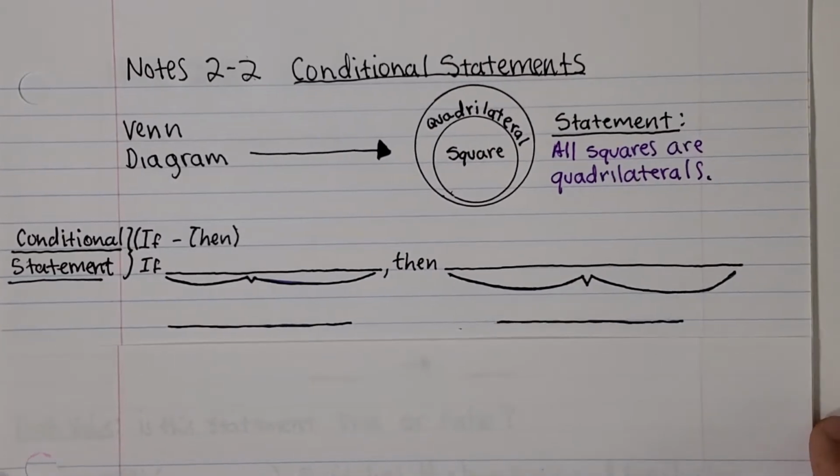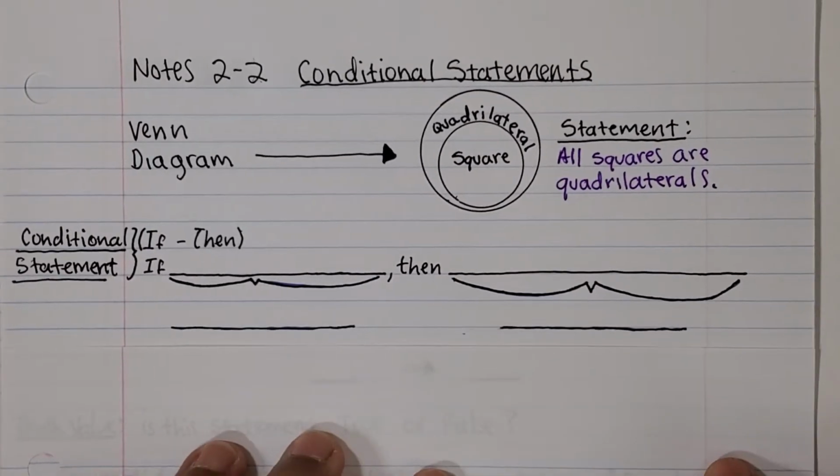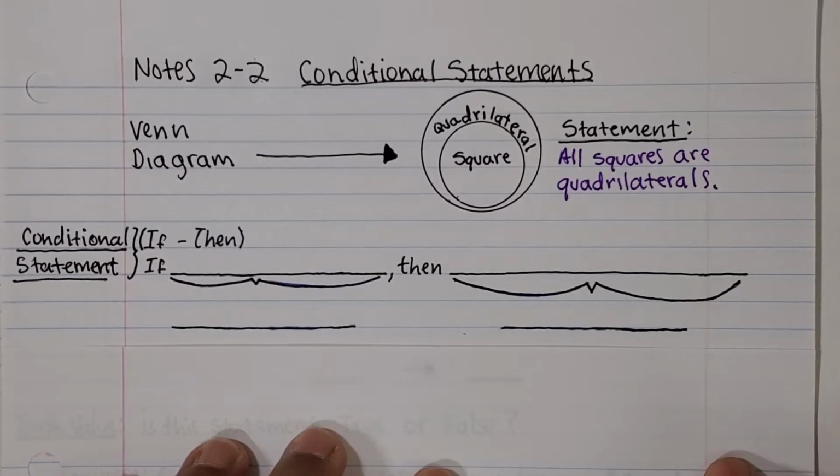Like, for example, when your parents say, if you pick up your room, I'll let you be on your phone for how long, I don't know. It could also be, if you pick up your room, I'll let you play your video games. So that's a conditional statement. Okay, so you have experienced this in real life.